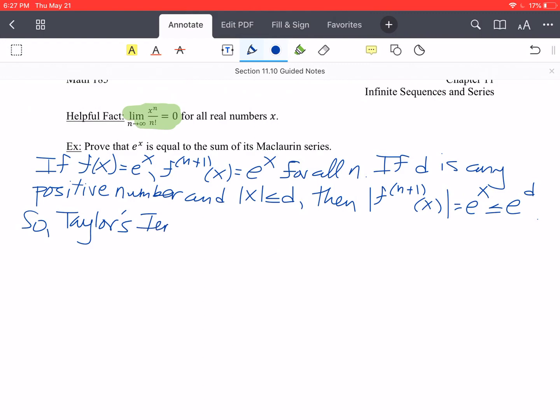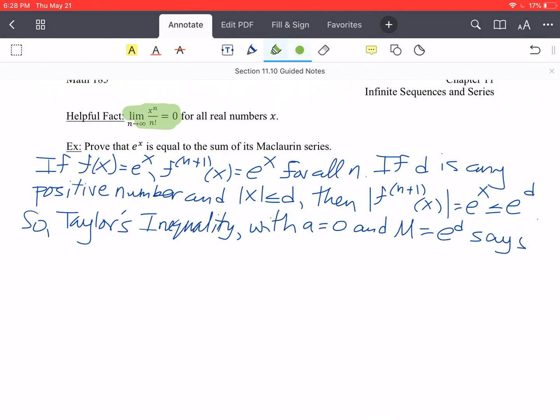So Taylor's inequality with a equals 0, right, because it's a Maclaurin series, and choose m to be e to the d, right, and again, why we're choosing e to the d, because we want this ultimately to be bounded above by something. So that's what we're going to choose for our m value.